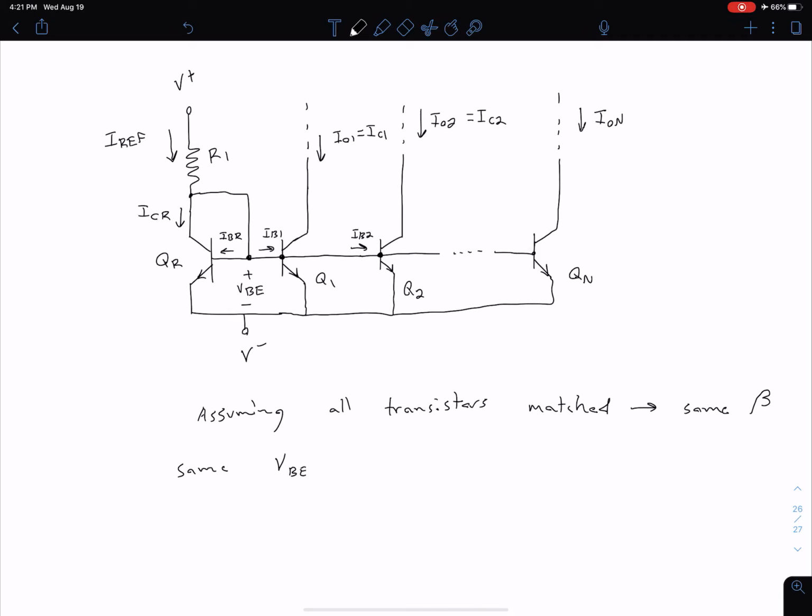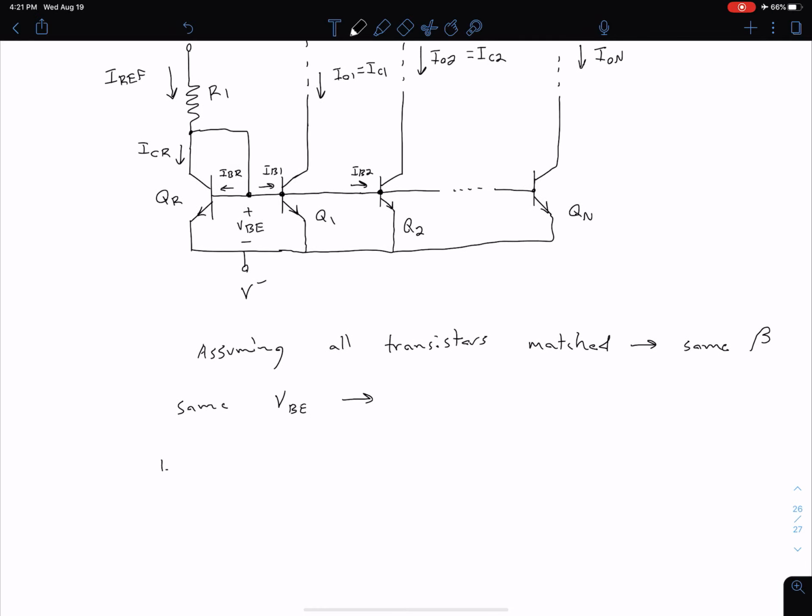If they have the same base emitter voltage and the same beta, they're going to have the same base currents. So our base current in transistor R is the same as our base current in transistor 1, which is the same as our base current in transistor 2, all the way up to our base current in transistor N.